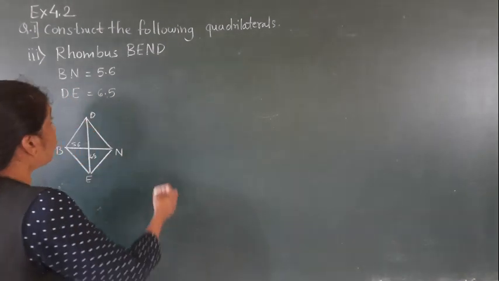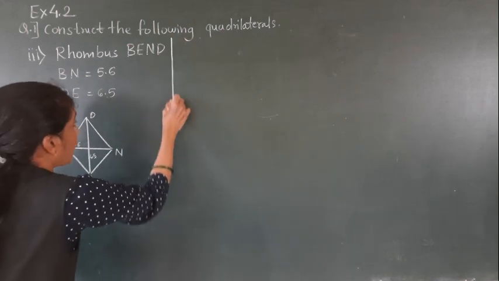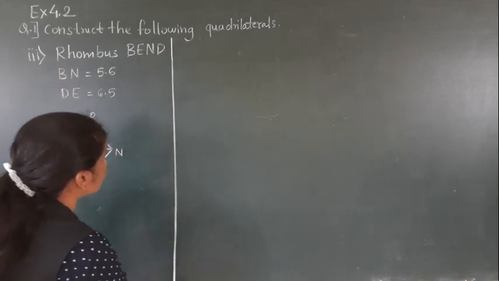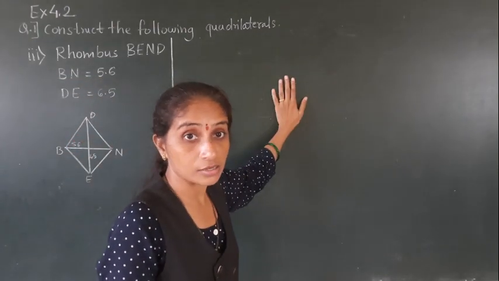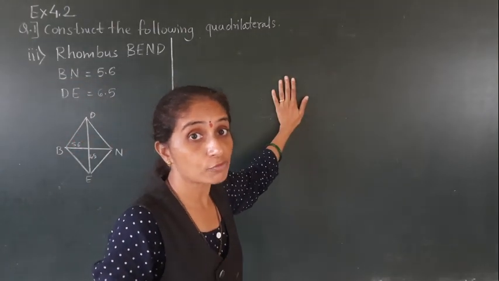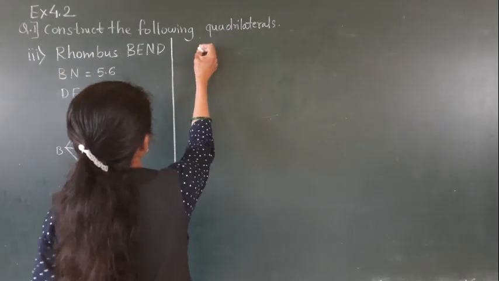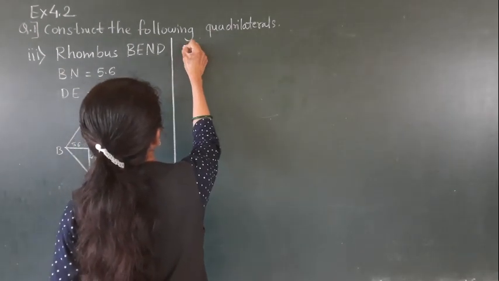So now, which construction is this? Diagonals of a rhombus are perpendicular bisectors of one another. First you should know this property.